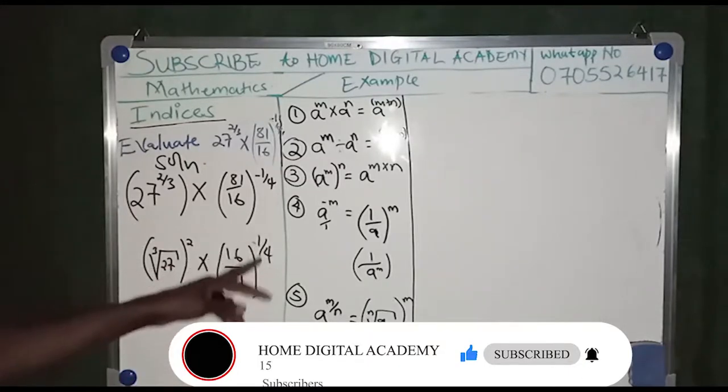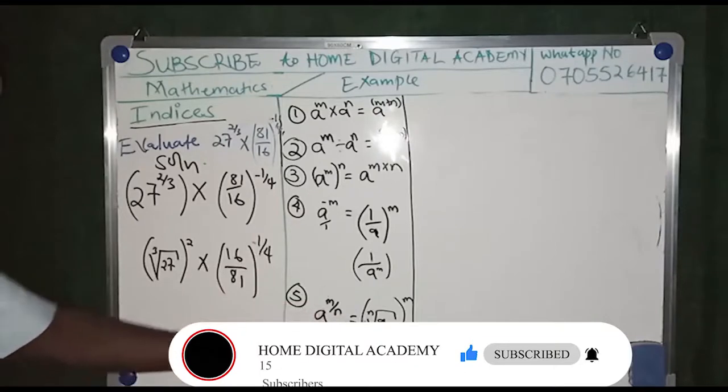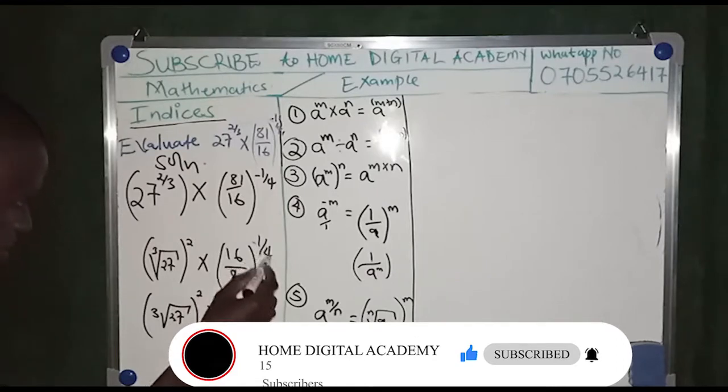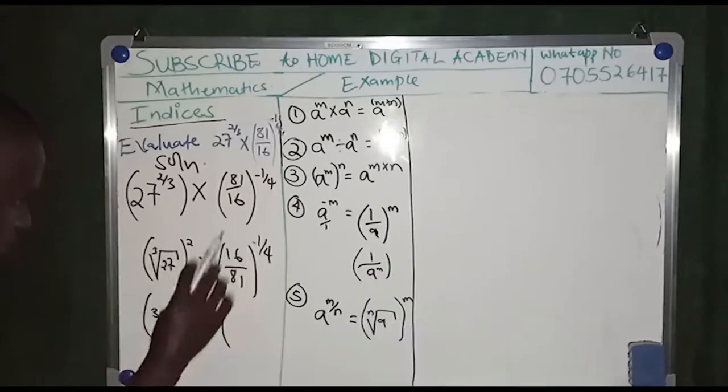Now this is also a fraction where you can apply this rule. So let us first write the same rule. So it will be the cube root of 27, squared, then times here 16. Let us first enter that number. This number multiplies here and here, because this is a bracket.